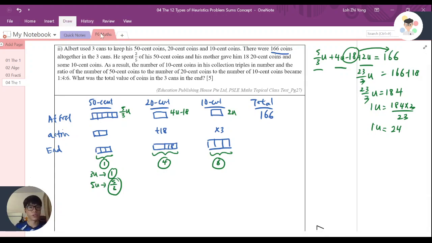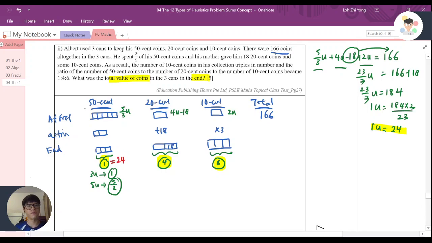Now, this 1 unit is equal to 24 and is representing here, here, and here. Since the question is asking for the total value of coins in the end, we need to find out what 1 unit is equal to, 4 units is equal to how many, and 6 units is equal to what. Now, I know that 1 unit is equal to 24, so I can straight away write here 1 unit is 24.